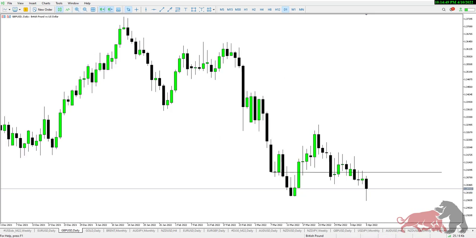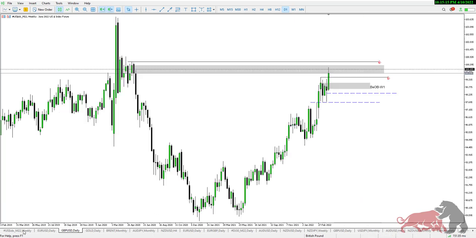If we look at pound USD, focusing mainly on Friday, we created a new low, right? We created a new low trading below these levels, but mainly we've got the low of 7 March.